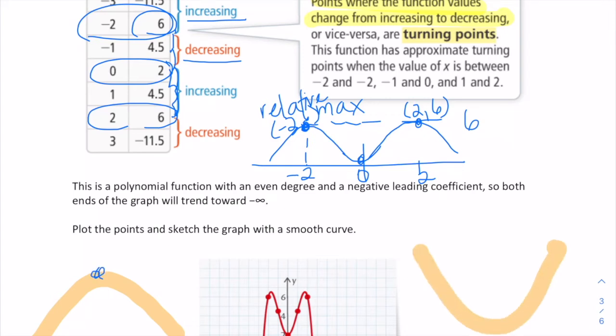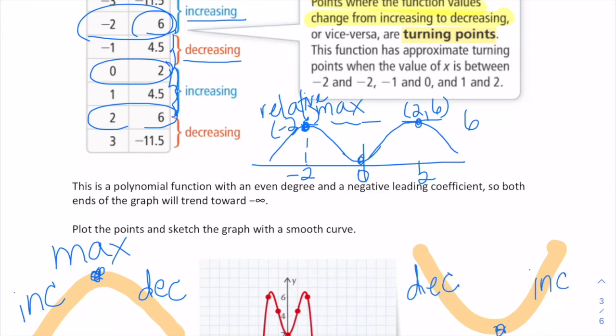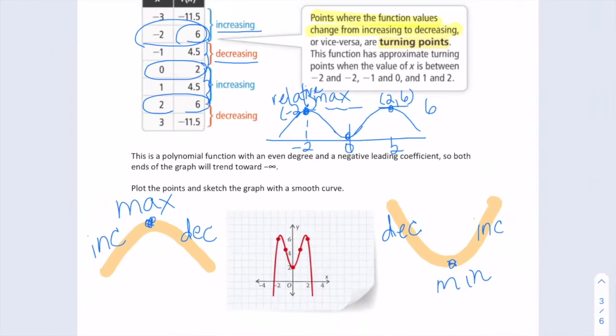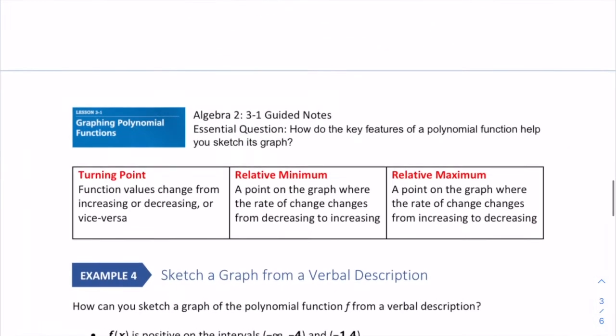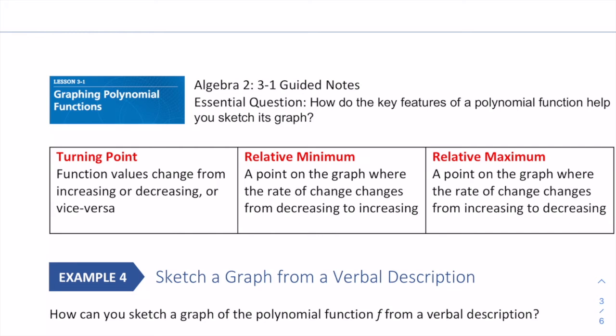So this would be a max, and this would be a min, or minimum. This means that we're increasing here, and then we slow down, and then we decrease, and a minimum would be decreasing, hit the minimum, and then start increasing again. So when we look at turning points, we want to make sure we're looking at those relative maximums and relative mins.